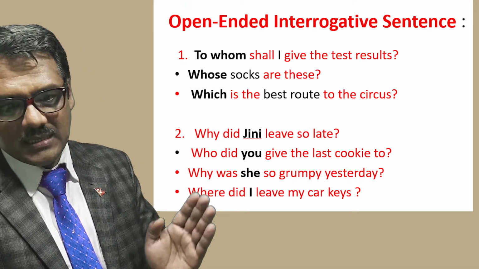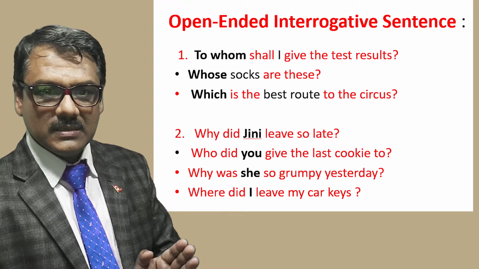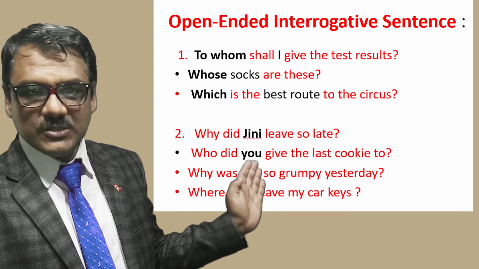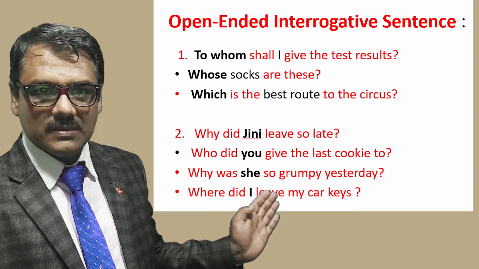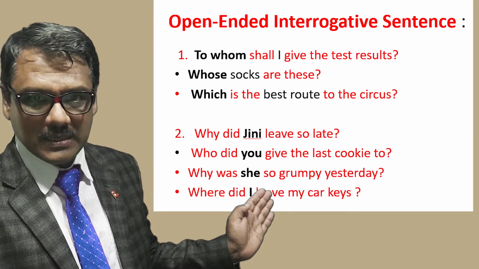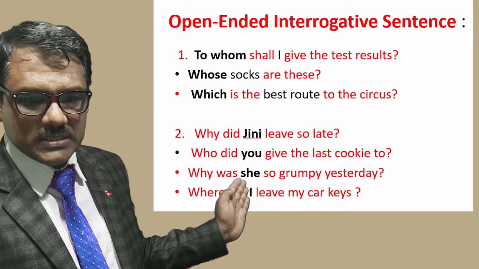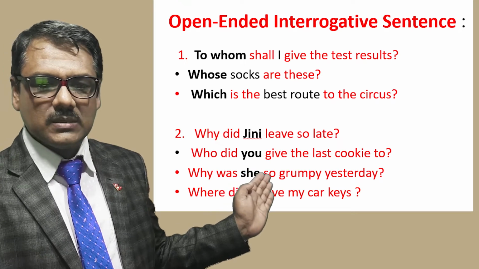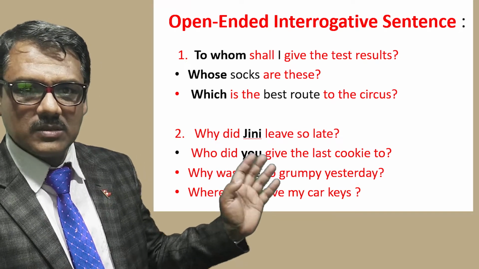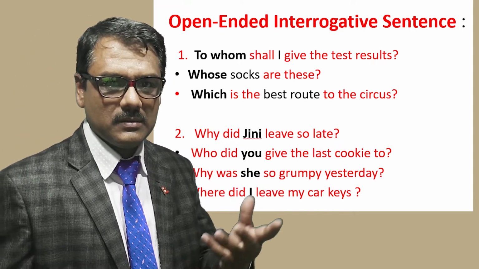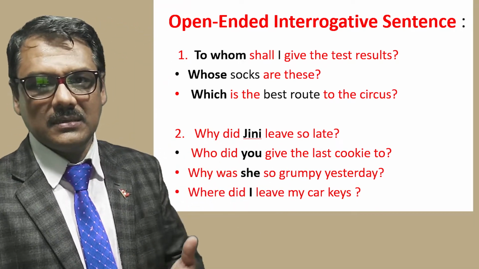Was is an auxiliary verb. And where did? Did is an auxiliary verb, helping verb. In the third question, why was she so grumpy? Was here is also a linking verb, but commonly we consider it as an auxiliary verb.